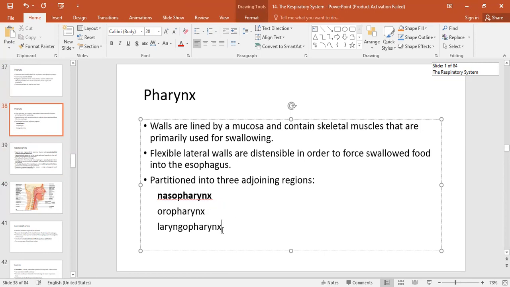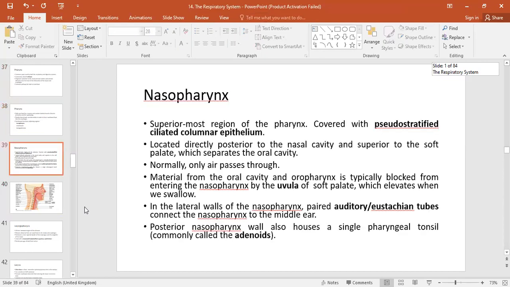The laryngopharynx will have epithelium similar to the mouth, stratified squamous epithelium, non-keratinized. So the two are the same, laryngo and oropharynx, except for the nasopharynx.